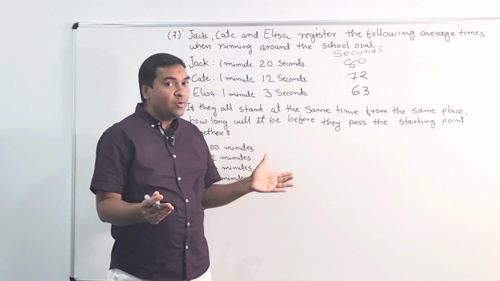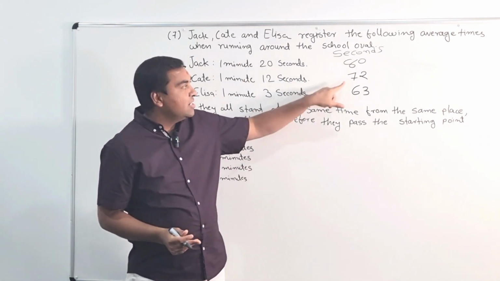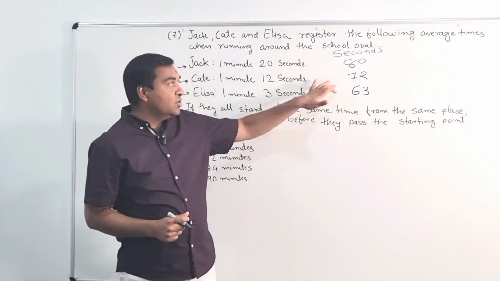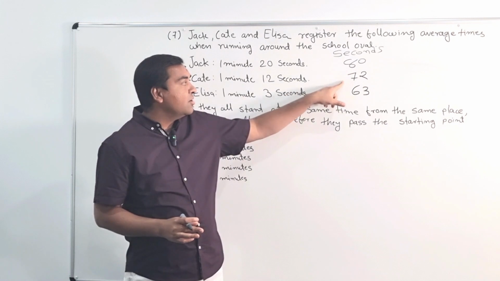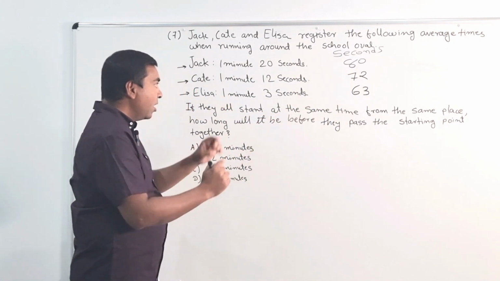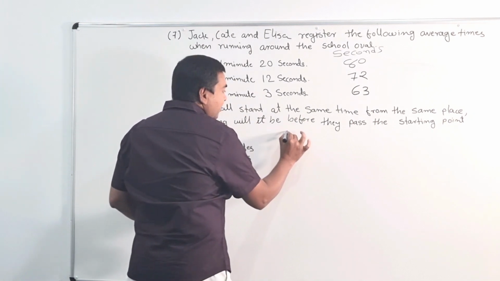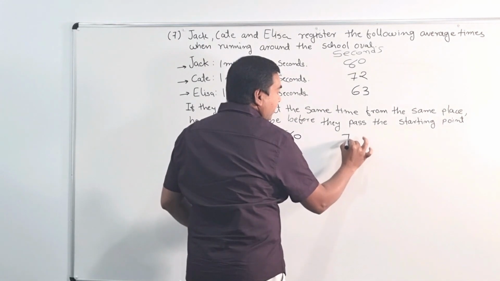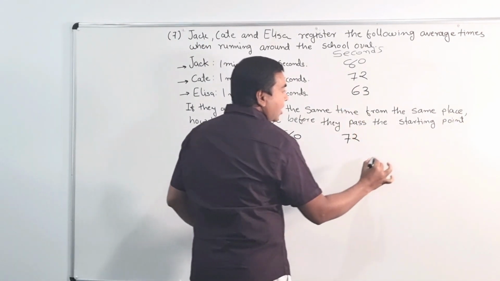Now finding the lowest common multiple of 80, 72, and 63 is a nightmare, isn't it? So I'm going to give you a cool way to find the lowest common multiple of such big numbers. I'm writing 80 here, 72 here, and 63 here.